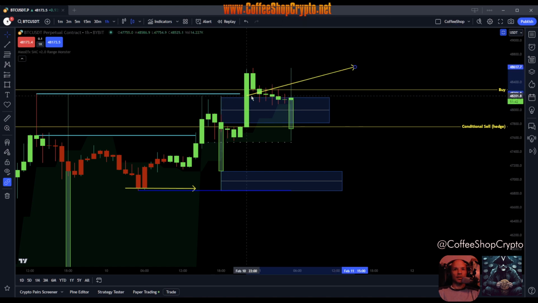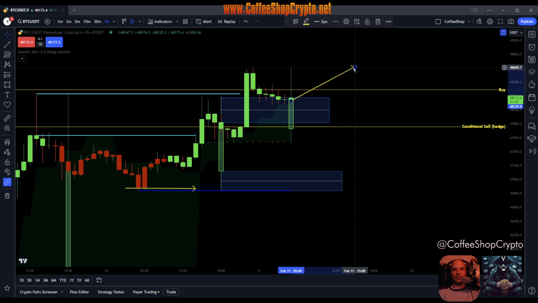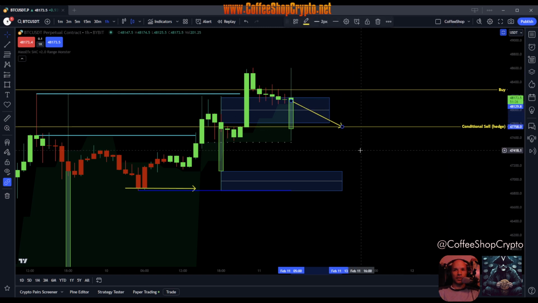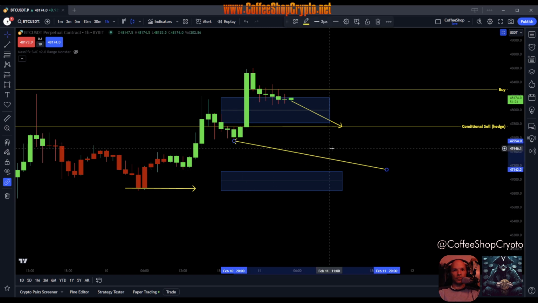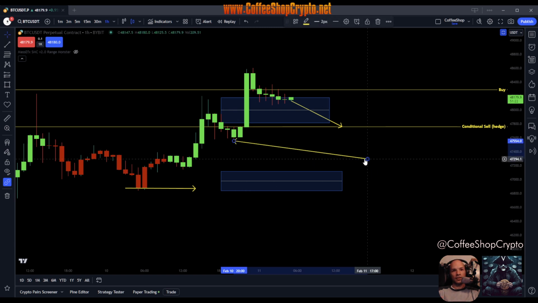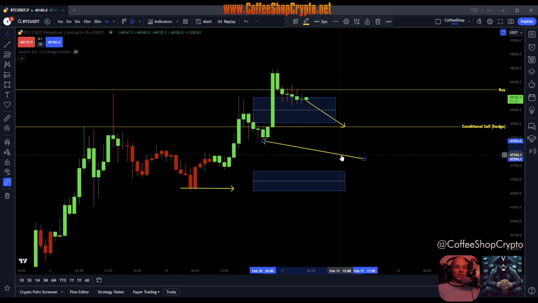When price gets below this level, you see I have conditional sells, right? So basically what I'm going to do is I'm only going to sell if there is a fair value gap on the other side of a pivot. Okay, so let me turn this off. Here you see you have a swing low. You can call it a pivot. It's not a true one, but I want to see if there's a fair value gap that exists on the other side of this, and it needs to be above support.